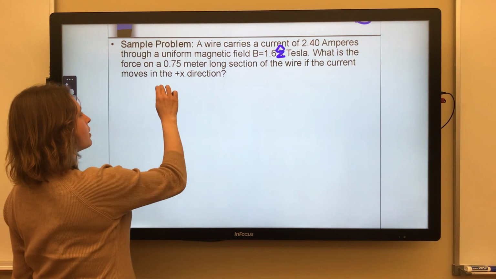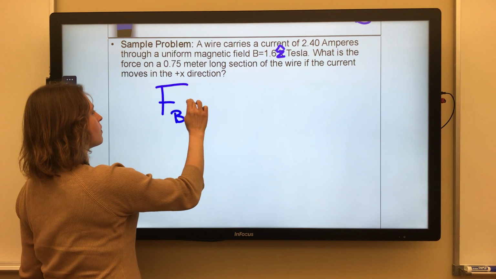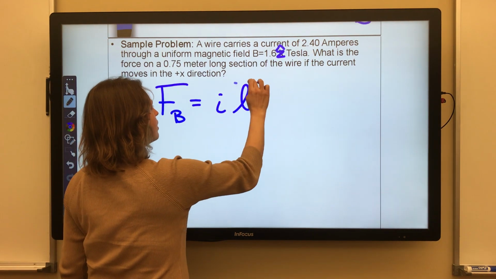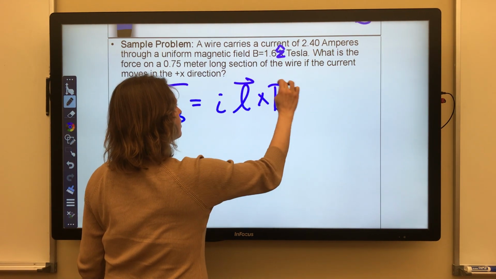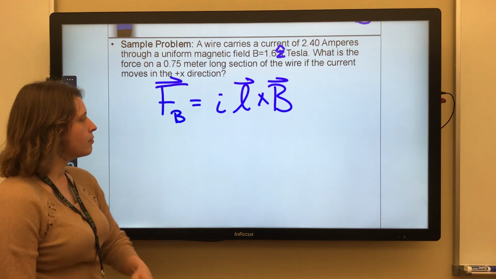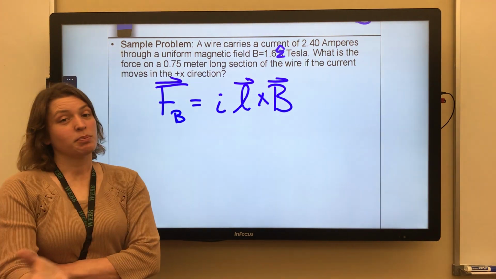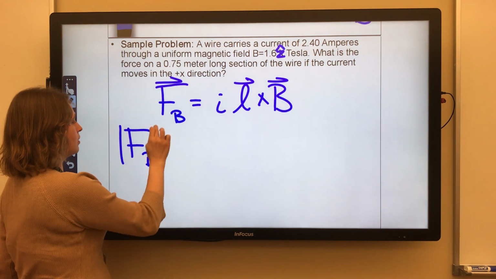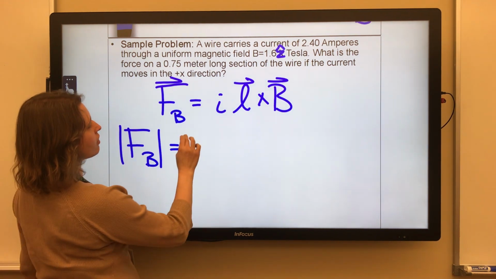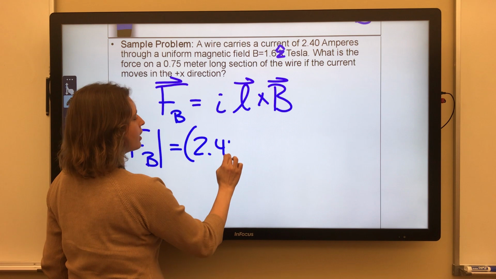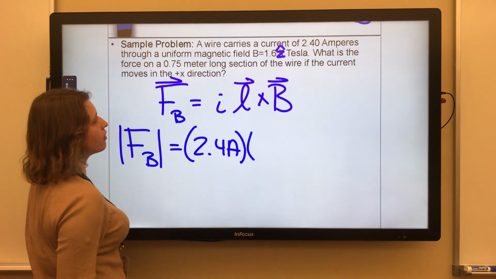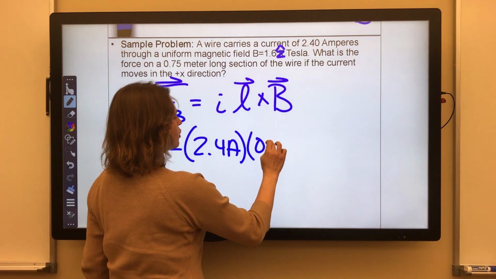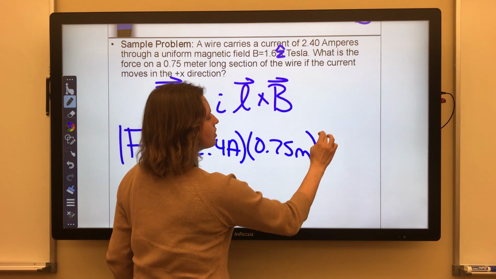So we have an equation for this already. The magnetic force is I L cross B. If we want, we can just plug in the values and find the magnitude first. I know how much current there is, 2.4 amps. I know the length of the wire is 0.75 meters.